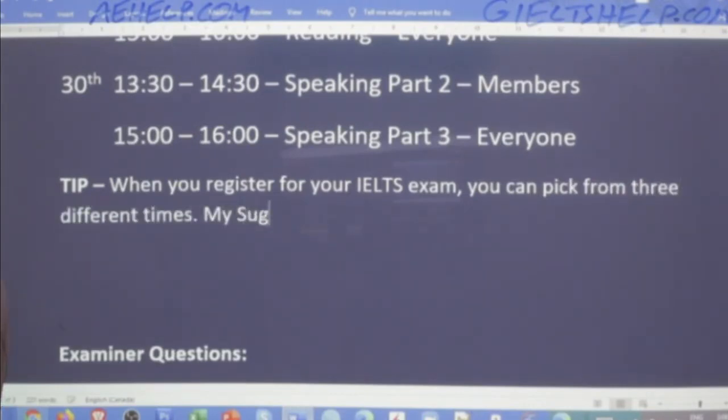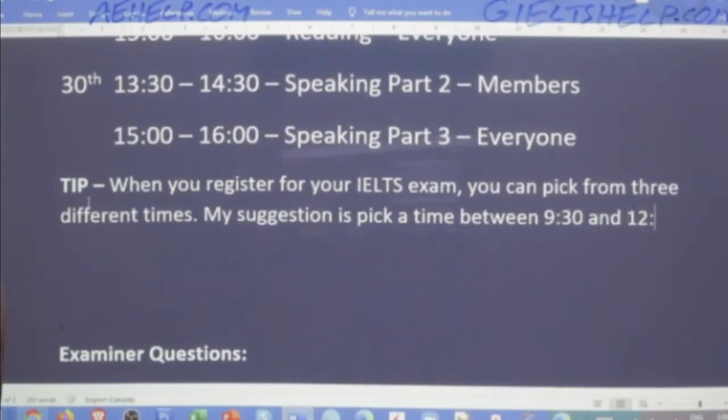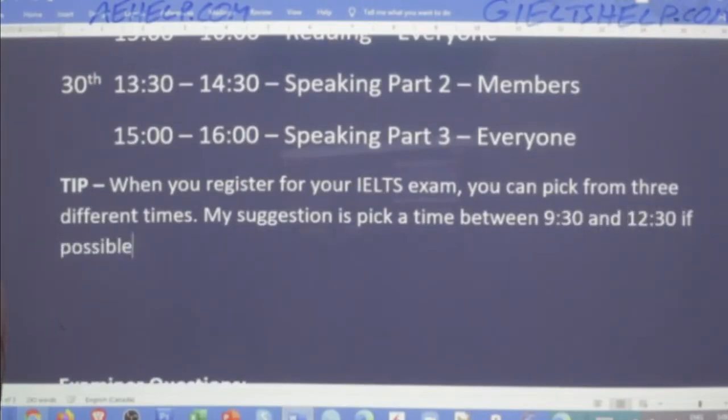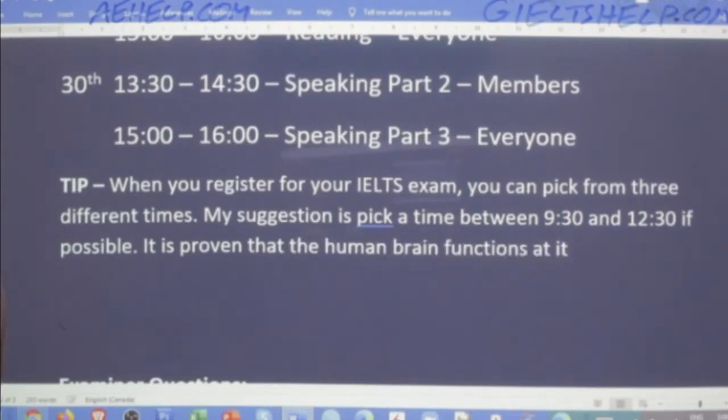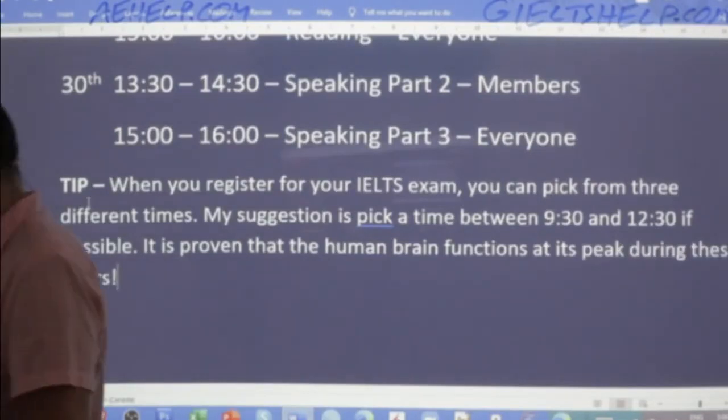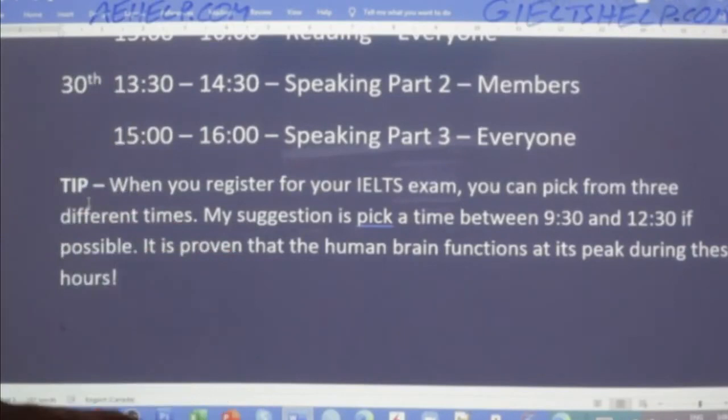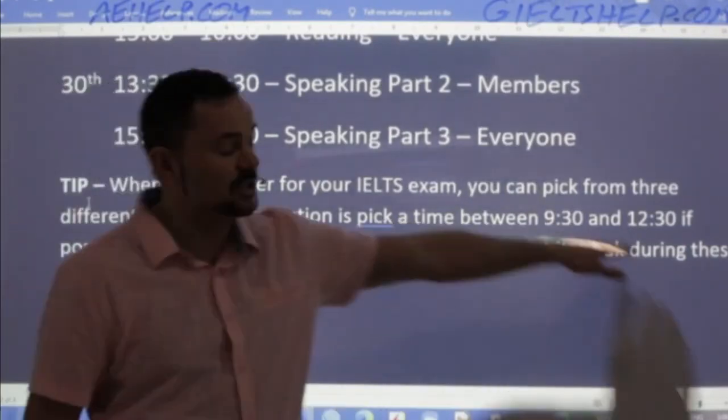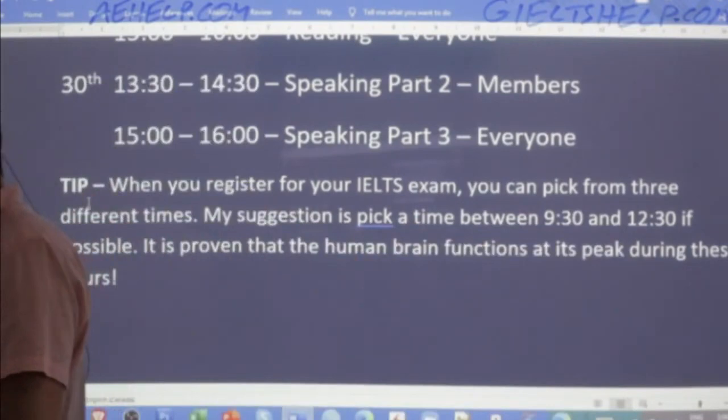My suggestion is pick a time between 9:30 and 12:30 if possible. It is proven that the human brain functions at its peak during these hours. So if you have the chance, pick a time between 9:30 and 12:30. That's a.m., of course.